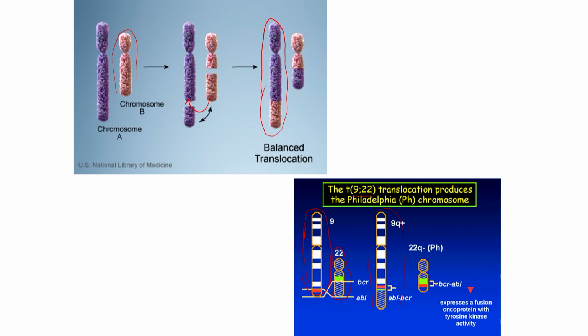BCR name has come from breakpoint cluster region. Earlier it was not known that this is a gene, but in this region a lot of chromosome breakages were there. So that is why breakpoints were earlier known for this region. Later it was found that this codes for a protein also.